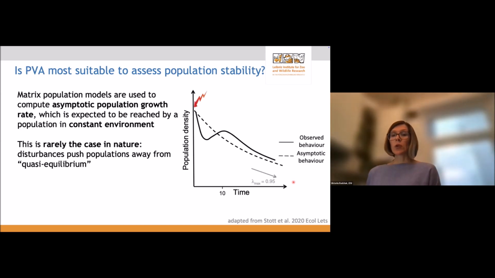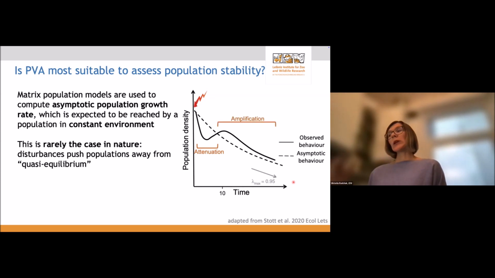However, its behavior in the short term, in response to a perturbation to its demographic structure, may in fact deviate strongly from such long-term behavior. As you see on the figure, right after disturbance, the population density may decline compared to the expected population density under asymptotic behavior, and this we call attenuation.